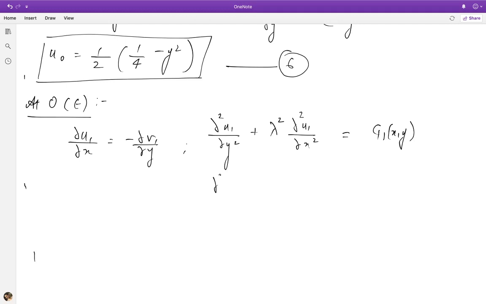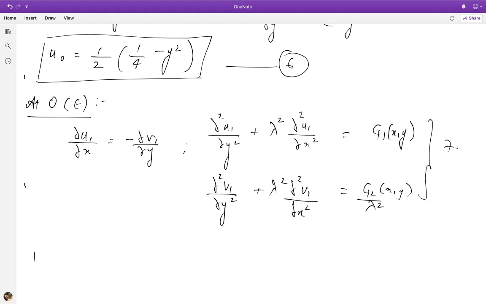And then we'll also have the equation for v1. So these are equations 7 A, B, C correspondingly.